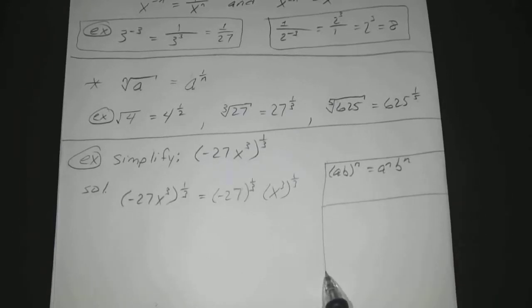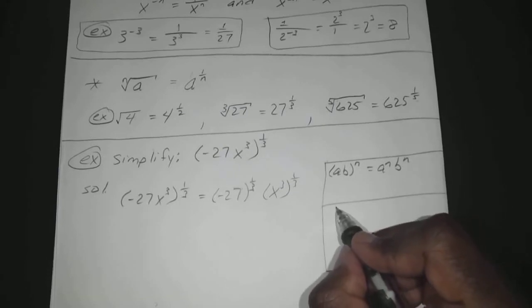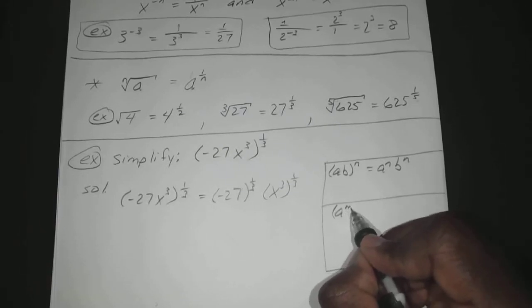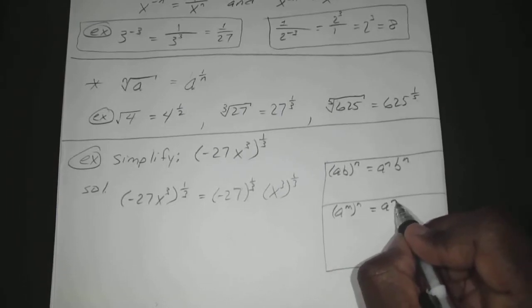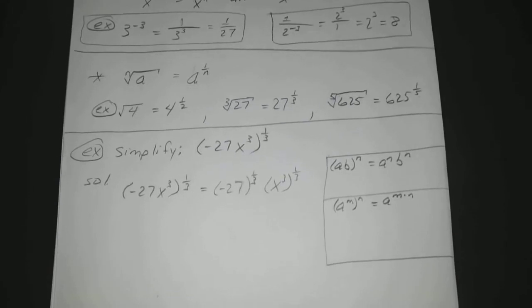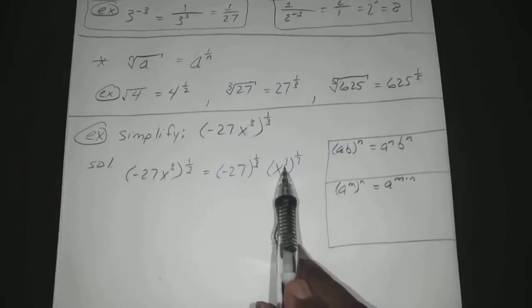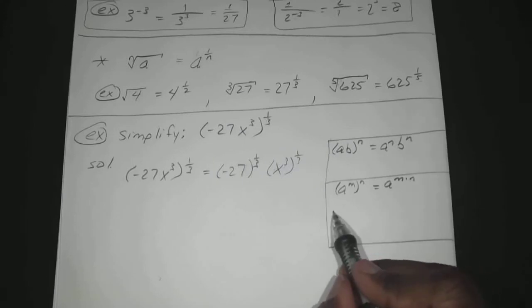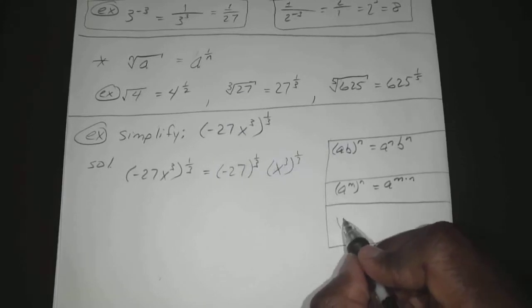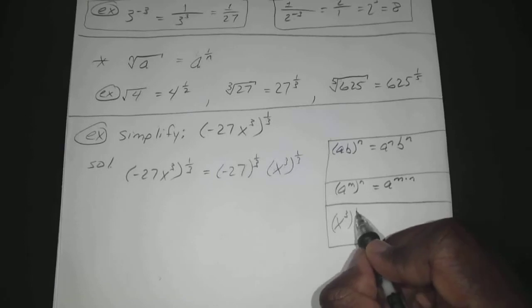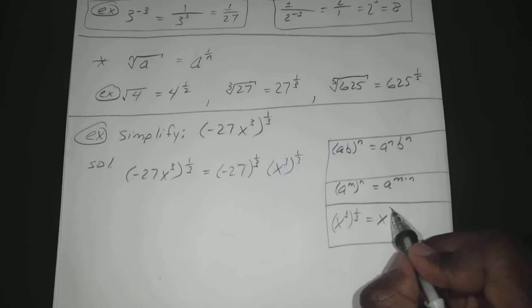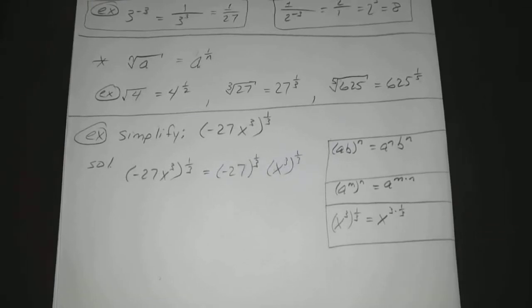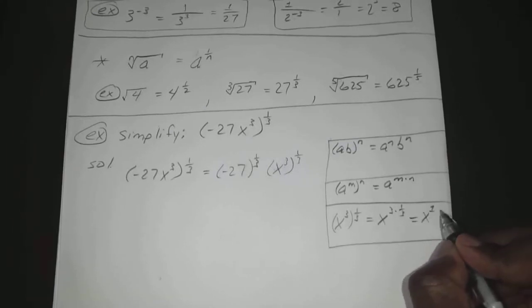Then we're just going to use the rule that states that a to the power of m raised to the power of n is equal to a to the m times n. So that gives us x to the 3rd power raised to the 1/3 power is just x to the 3 times 1/3, which is just x to the 1st power, or just x.